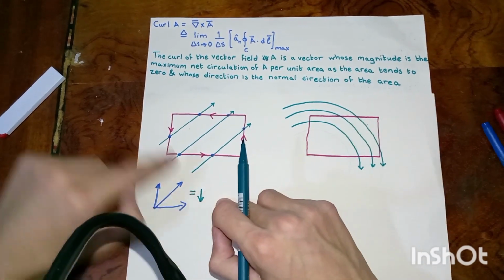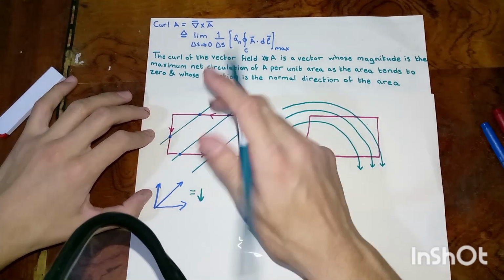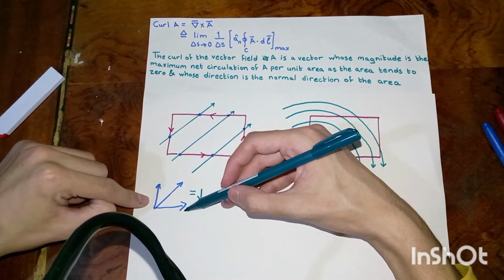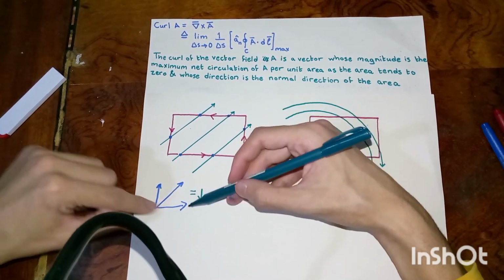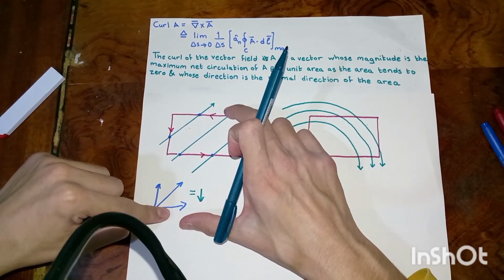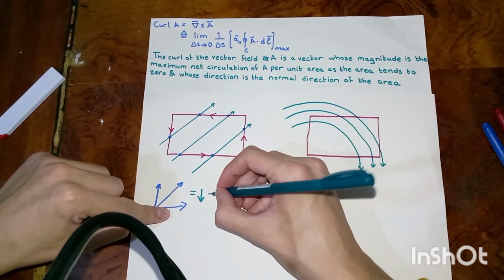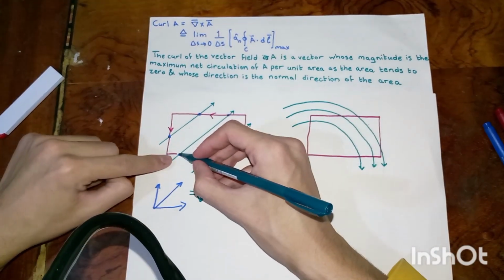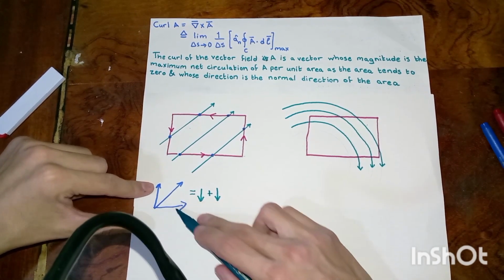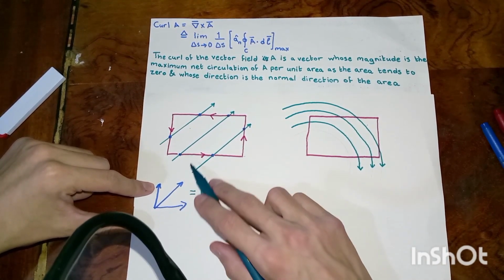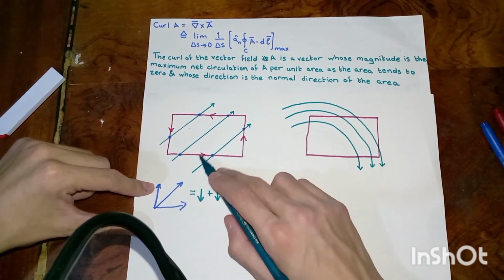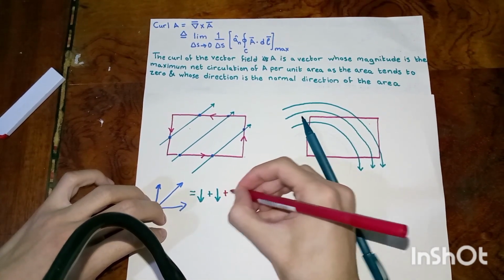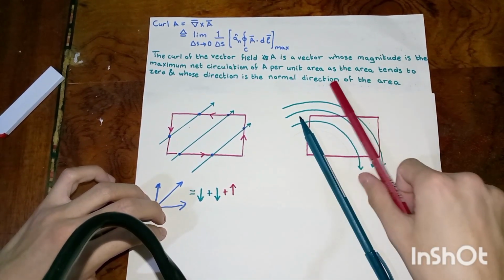And now let's go to the other point. At this point also, the y component vanishes, but the x component still remains, which is parallel to the path. And as these two have different directions, it's going to give us another negative scalar magnitude. Regarding this point, the y component vanishes, but the x component remains. But in this case, both of them are pointing in the same direction, so it's going to give us a positive scalar magnitude.